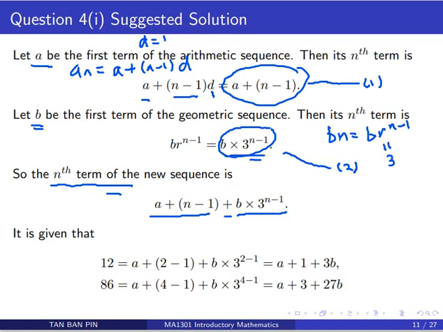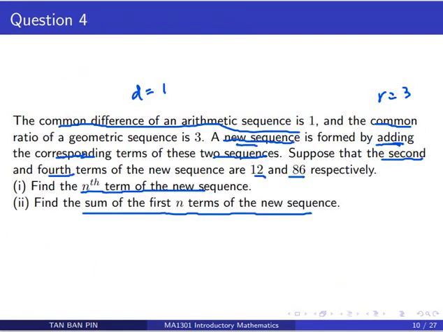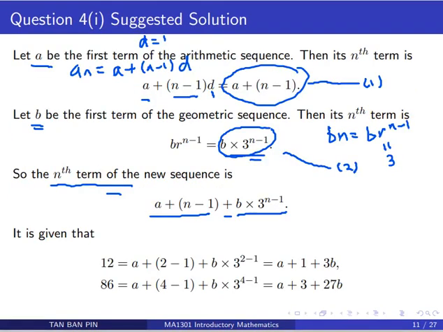After that, you go back to the question. The question tells you the second term, where you sub n as 2, is 12. Then the fourth term, where you sub n as 4, must give you 86. With that you can form equations to solve for a and b.